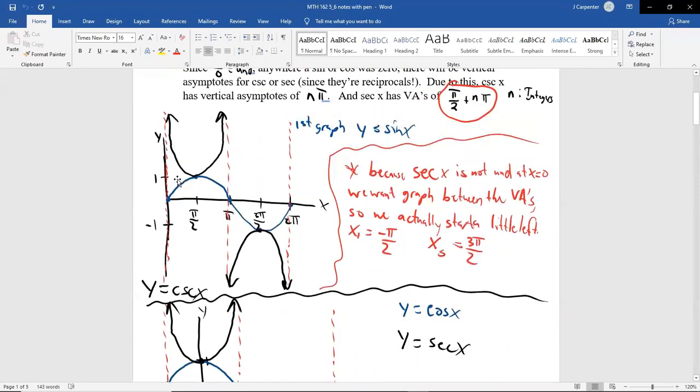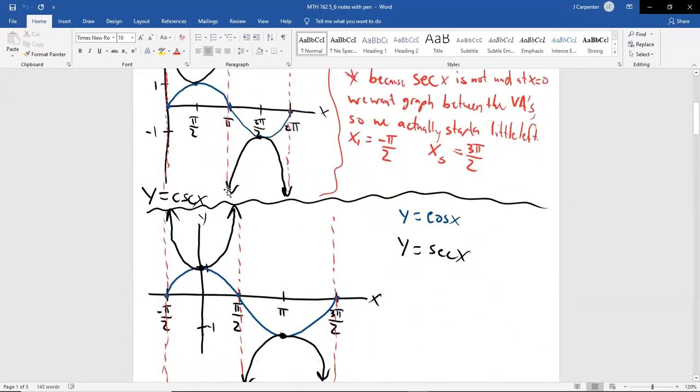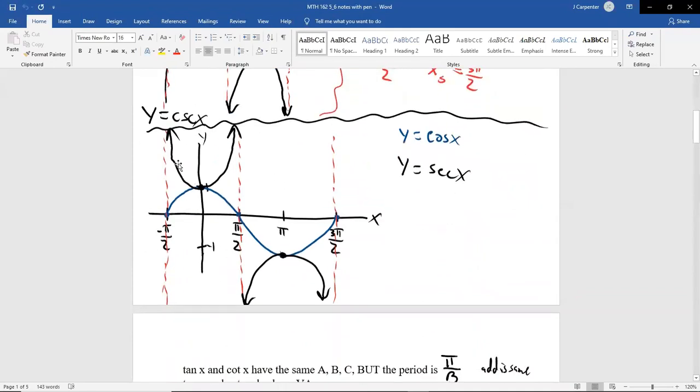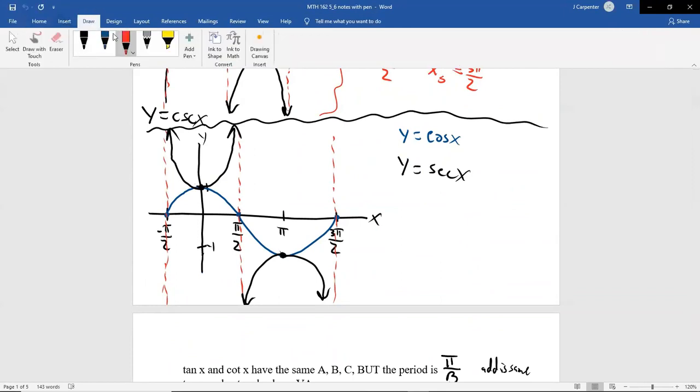So we did the graph of cosecant by flipping sine. We did the graph of secant by flipping the cosine. When I say flipping, I mean metaphorically speaking. But we said that because it would look really ugly, if I had originally taken this thing up to 2 pi, that means that the secant graph would have looked like this.